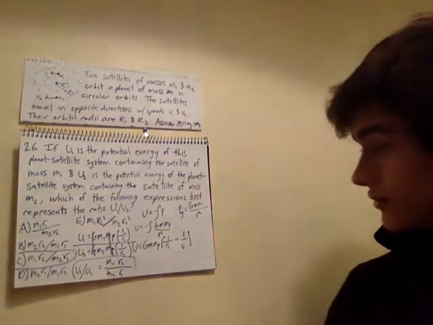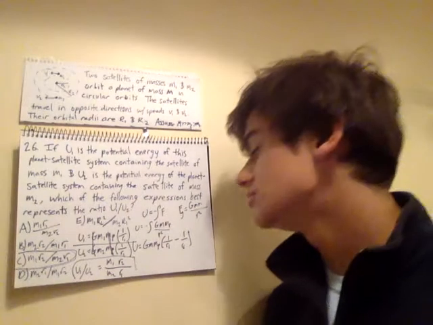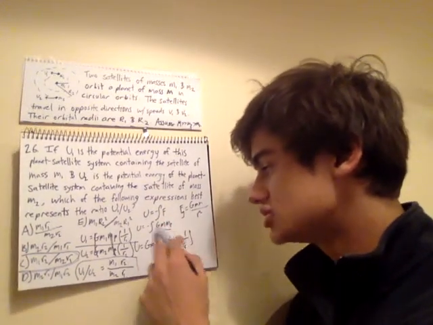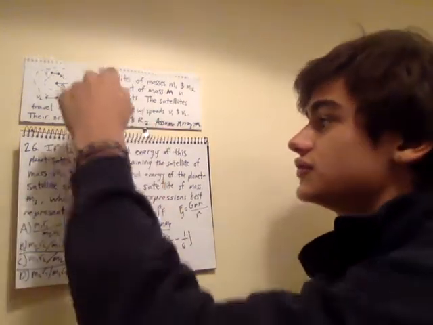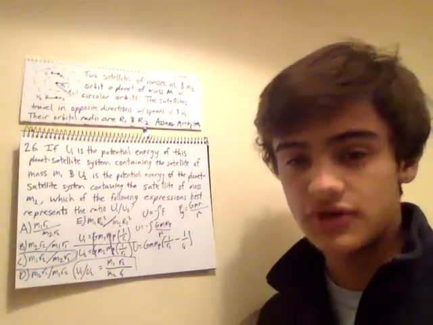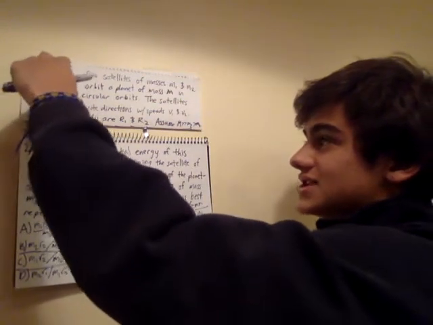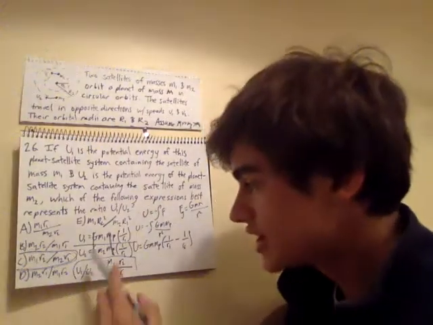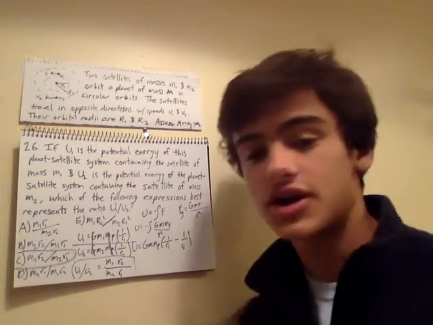From there, we plugged this into the equation for potential energy, we integrated, and then we plugged in the variables for the first system, which is U1 and M1 for the particle orbiting on the inner radius, and then we did the same thing for the particle on the outer radius. From this, we were able to simplify and divide, and then got our answer.